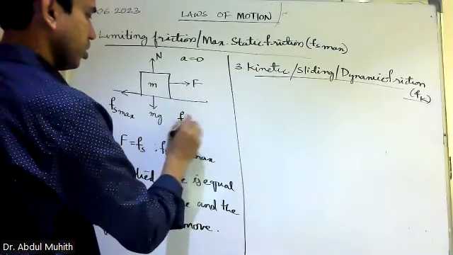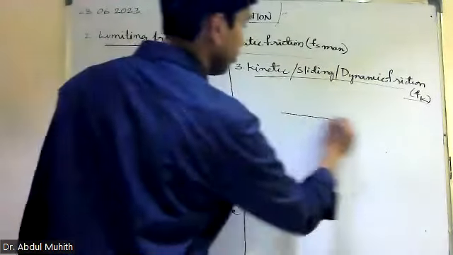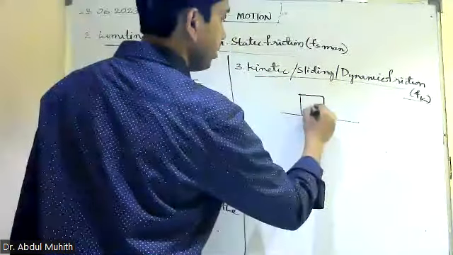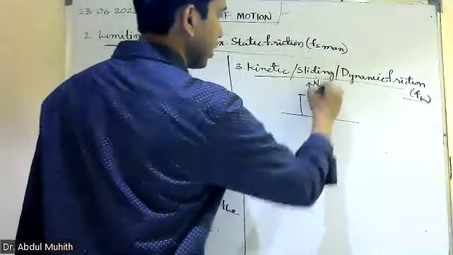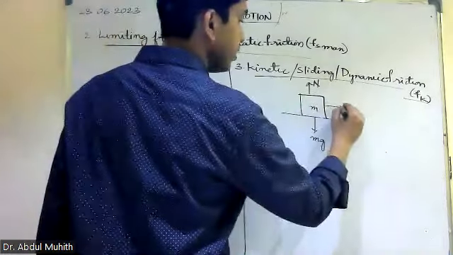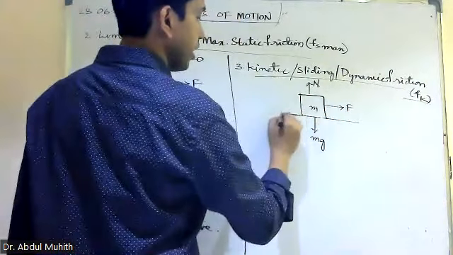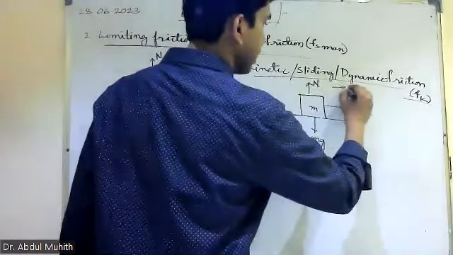Now kinetic friction means, suppose M is the mass, weight Mg is acting downwards, N is the normal reaction acting upwards, and F is the applied force, and here Fk is the kinetic friction when the body is having an acceleration.